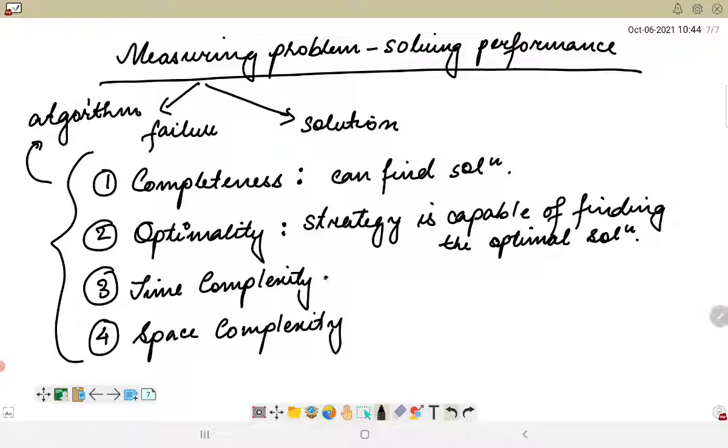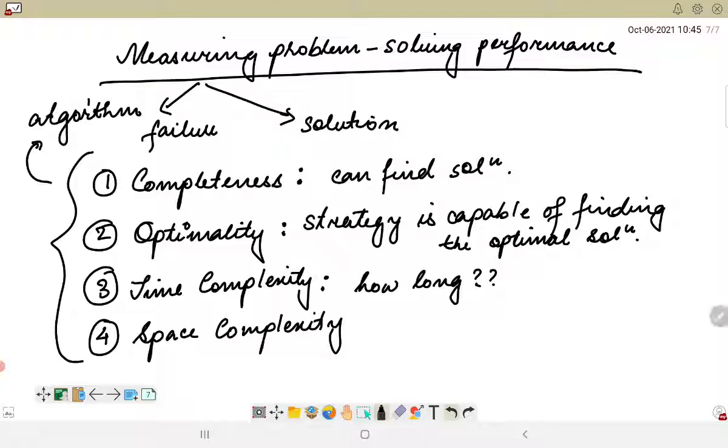The third one is the time complexity. How long does it take to find the solution? This question is understood by the factor of time complexity, and once we can find out whether it is taking the minimum amount of time or more time in order to find the solution, based on that we will be judging our algorithm's performance.